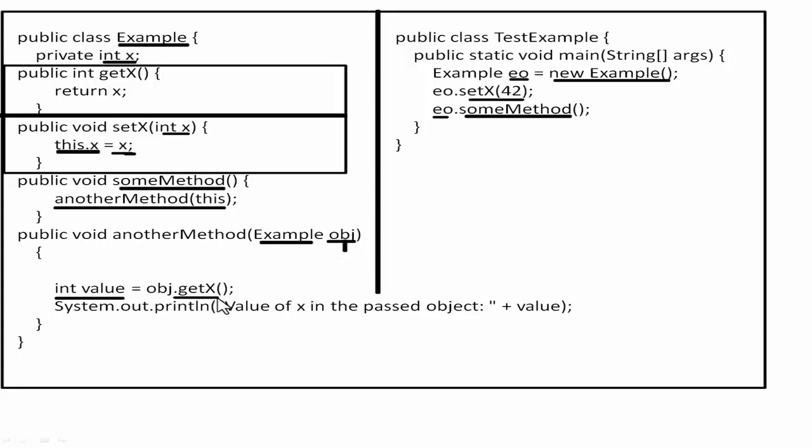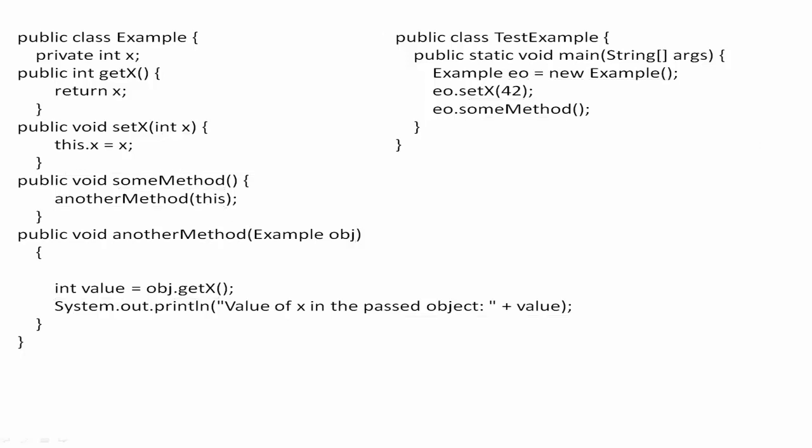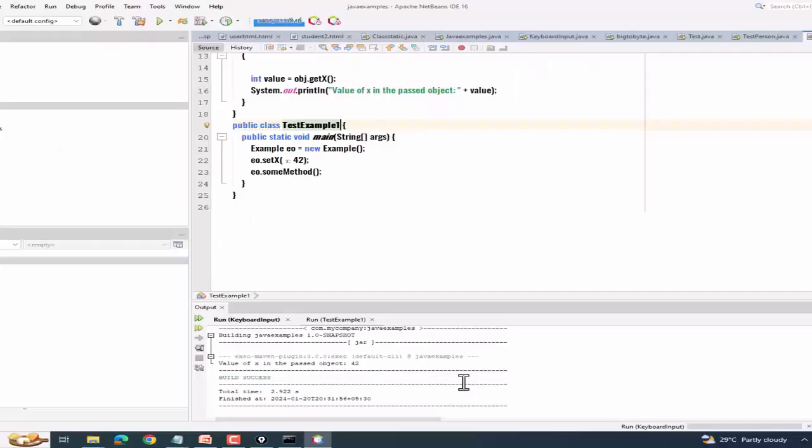What is getX? GetX returns the value you have set. Finally it prints the value. The value you passed is 42, and that 42 will be printed on the screen. Execution is successful. The value of x in the passed object is 42.